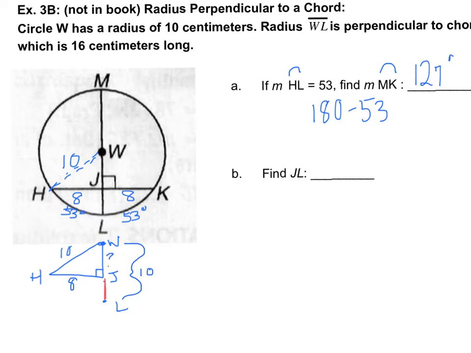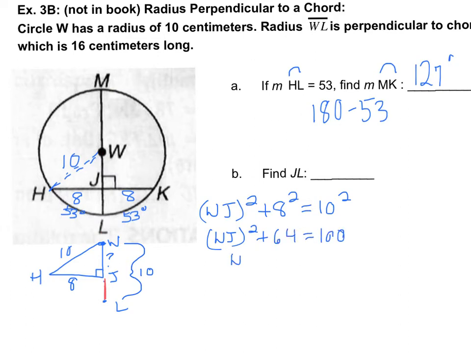And we can do Pythagorean Theorem there. So WJ all squared plus the 8 that we know is squared has to equal the 10 squared. And WJ squared, just doing some simplification, has to equal 36, which leaves WJ to be equal to 6.